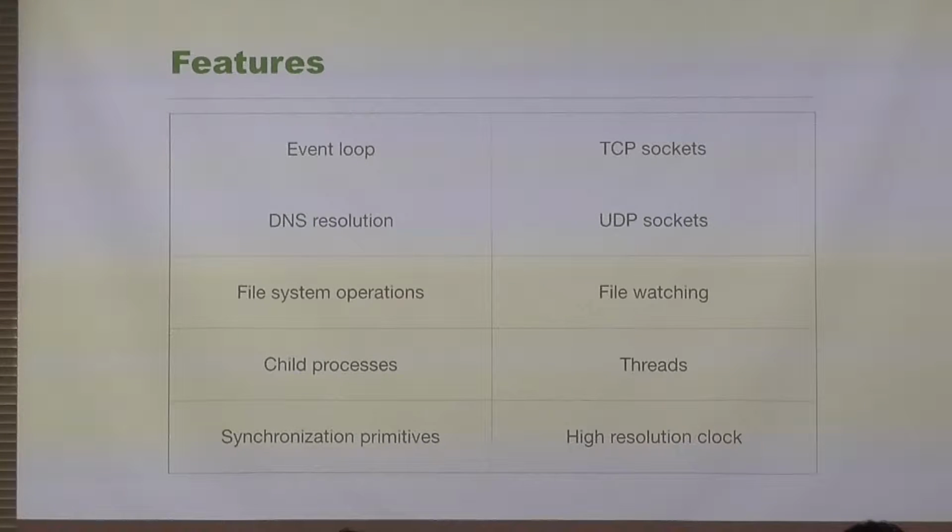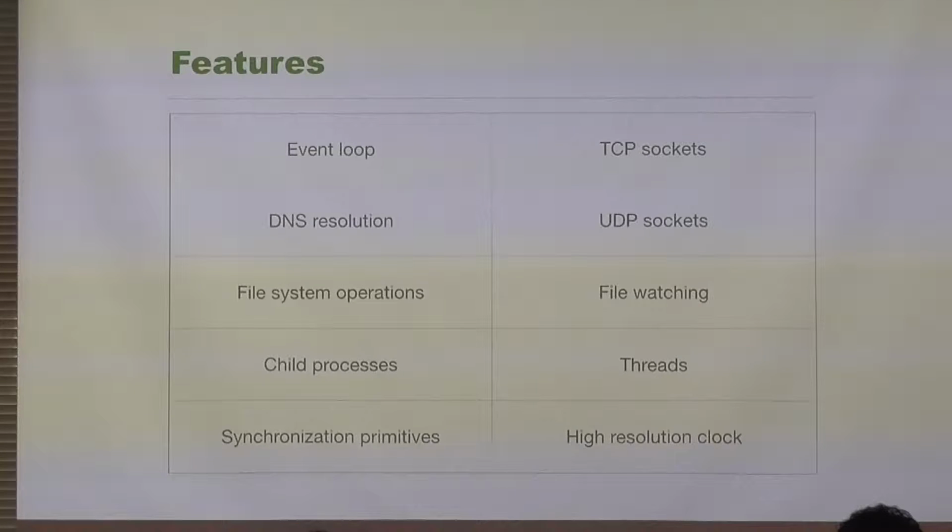So this is a list of some of the things that libuv provides, and I'll translate into what they represent in Node. Everyone is pretty familiar with the event loop. If you've ever used Node's net module or dgram module, then you're using libuv TCP and UDP sockets. We also have DNS resolution. Node.js has two different ways to do DNS resolution.